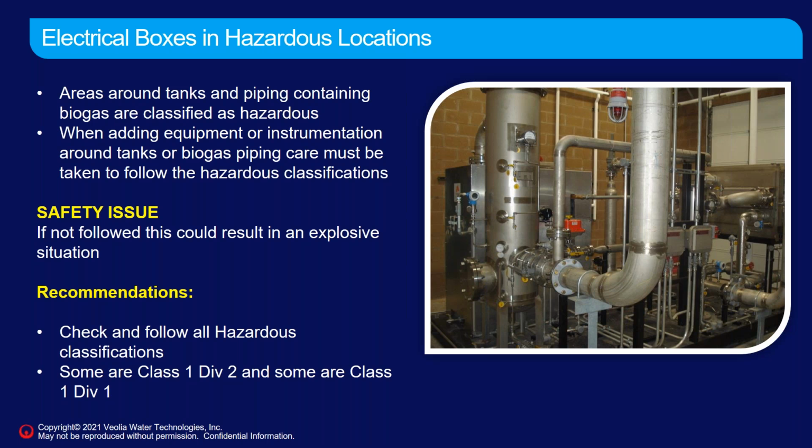If you're doing capital projects, make sure you're getting new equipment that follows these requirements, because it's a safety issue, and it always helps with the owner's insurance requirements too.